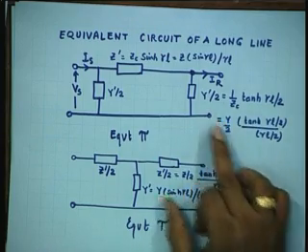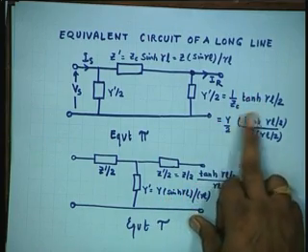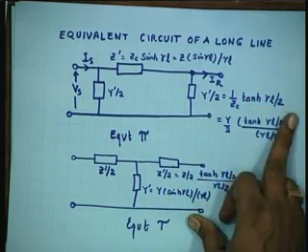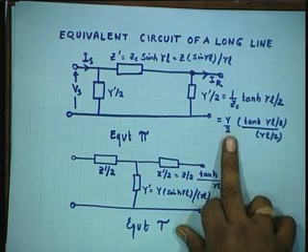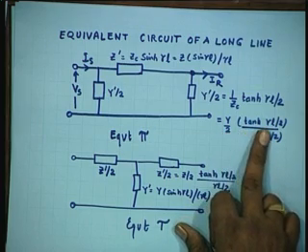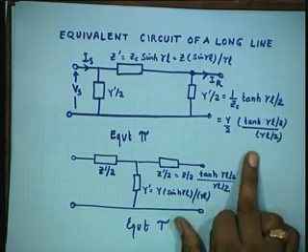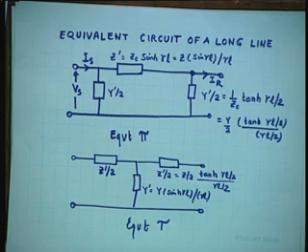Similarly, the shunt branch is equal to 1 over Zc tanh(γL/2), or Y/2 tanh(γL/2) upon γL/2. You can verify this and see if it is all right. I feel they should be all right.